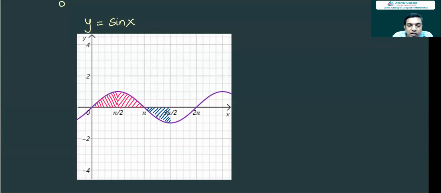So the area will be 1, but because the function values are negative, this f of x is negative and dx is positive, so f of x dx will be a negative number in this region.